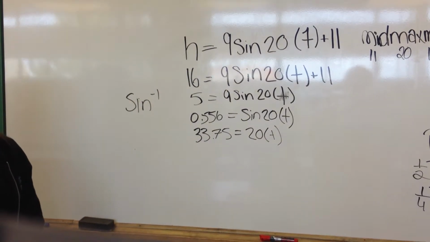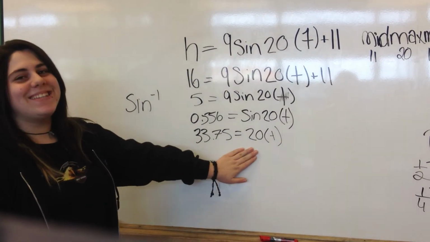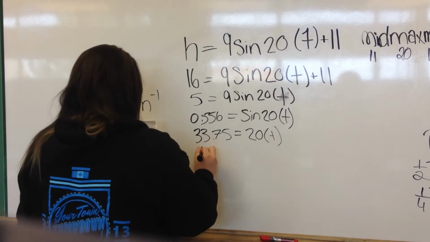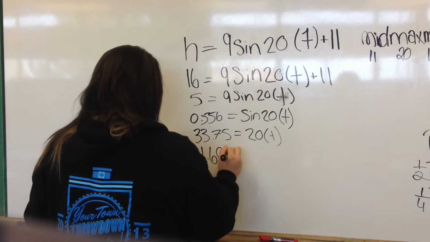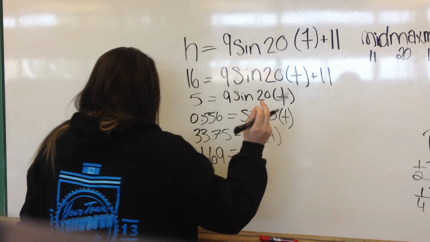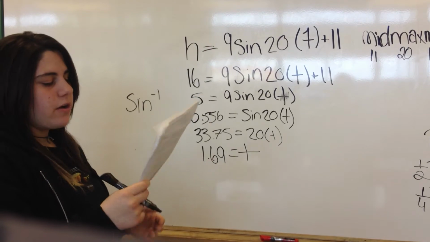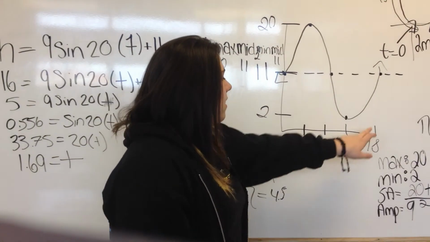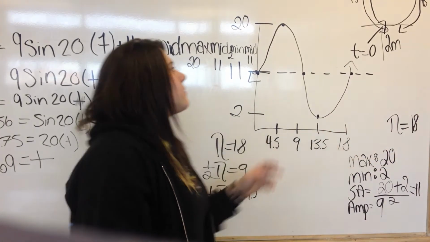Next, what do you think we have to do? That's right, we have to get rid of the 20. So we're going to divide this by 20, and we're left with 1.69 equals t. So that doesn't sound right, considering they want the two times between 18 seconds and 36 seconds.